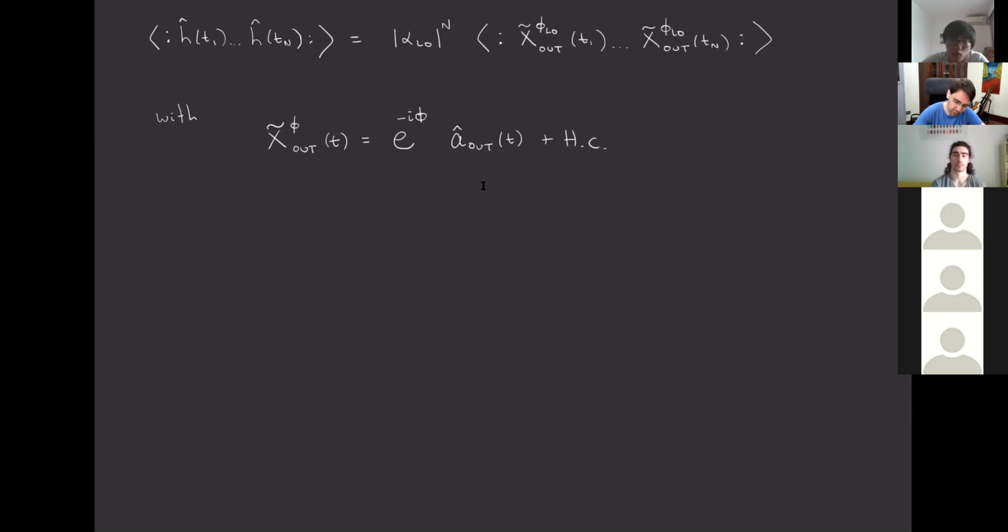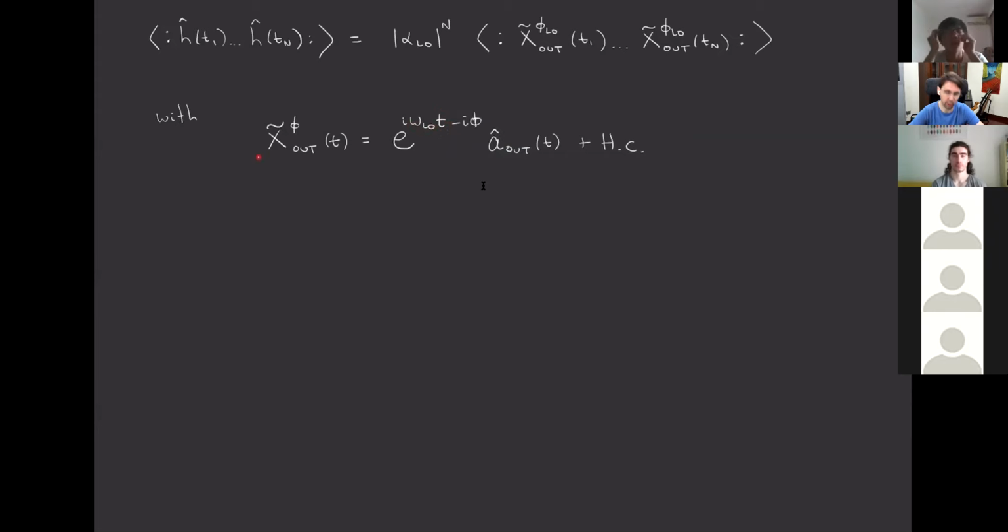However, what we get is not exactly this. It has one slight difference, and this difference is that in the phase factor, you actually get the oscillating frequency of the local oscillator. So these are not directly quadratures. I mean, they are quadratures, but they are rotating at the local oscillator frequency.